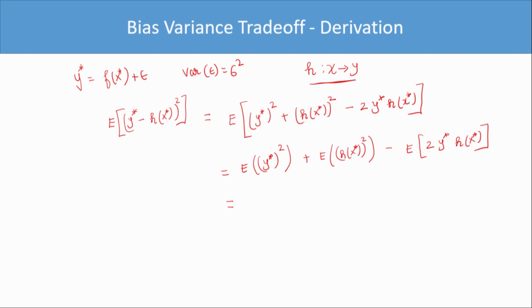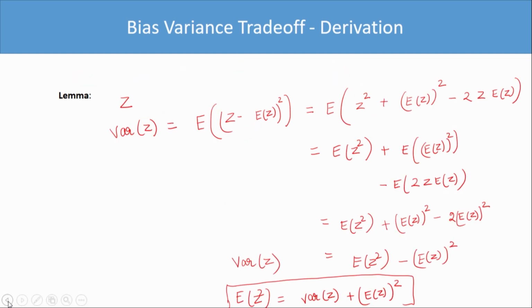Y star is a random quantity, because it's f of x star plus epsilon, where epsilon is random. Think of this as z. Now you are asking the expectation of z squared, and we just said in the previous part that the expectation of z squared is the variance of z plus the expectation of z whole squared. This is a lemma, and we'll actually use it.